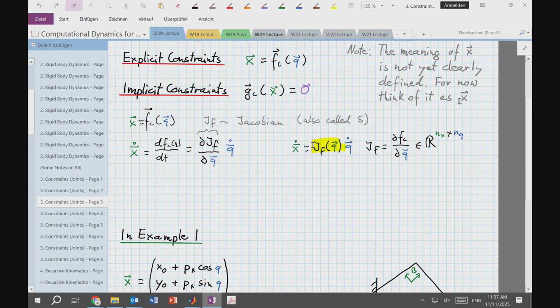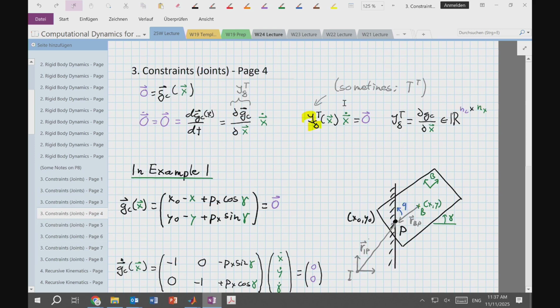And this JF hence describes the directions of motion in which a body can move. The columns of JF are the directions in which your x, in whatever weird space it is defined, can move. For implicit constraints, we got a different Jacobian, JG, that if multiplied with your vector of Cartesian velocities, your x dot, should give you a 0.